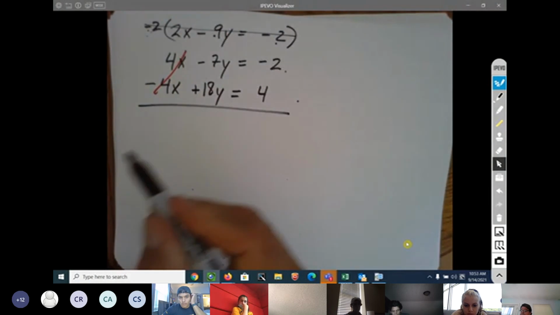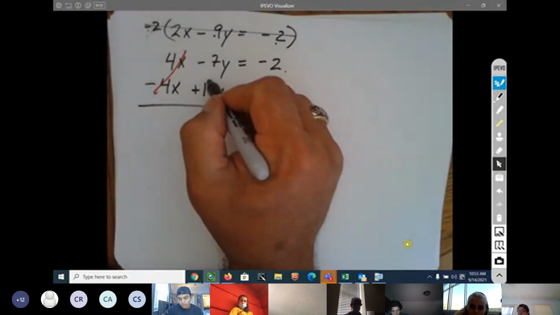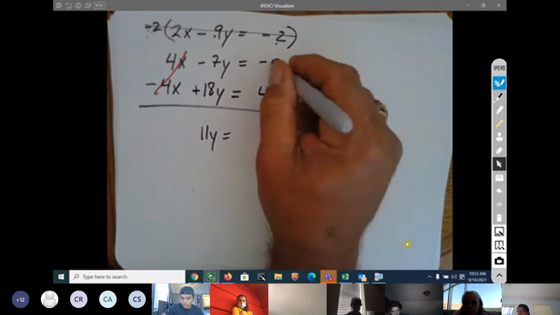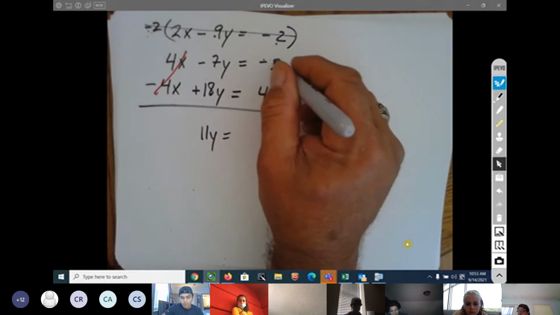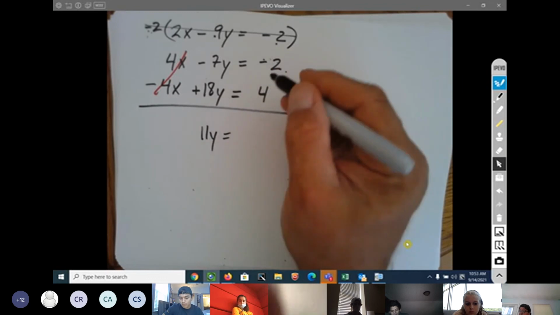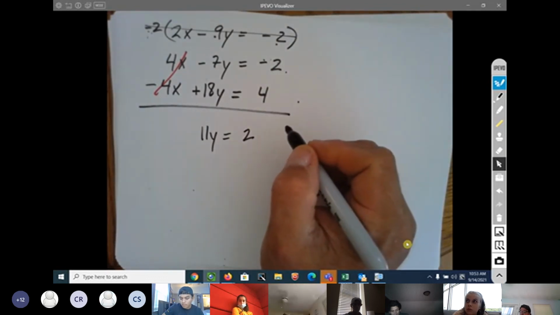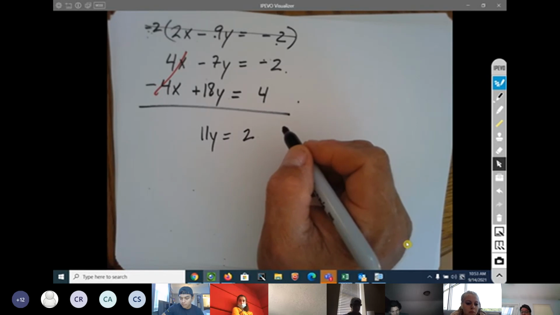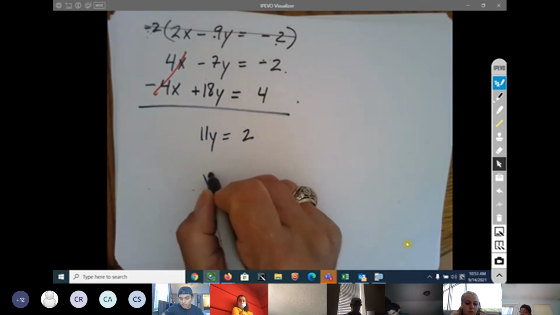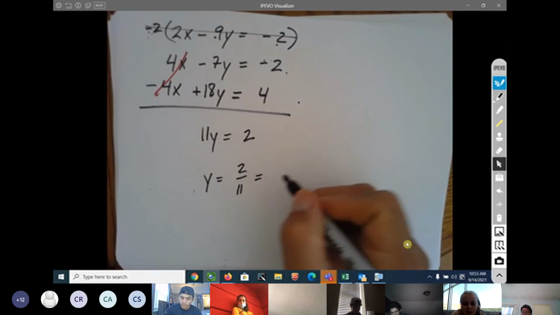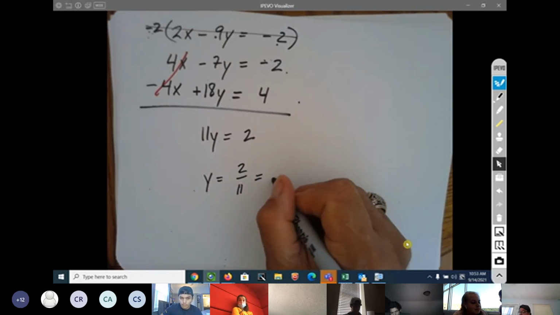And you're left with 11y is equal to, negative 2 plus 4 is 2. And what is 2 over 11? 2 over 11 is 0.18, isn't it?